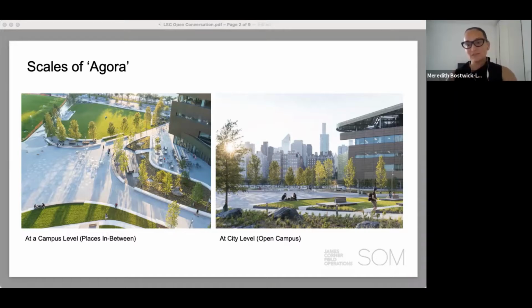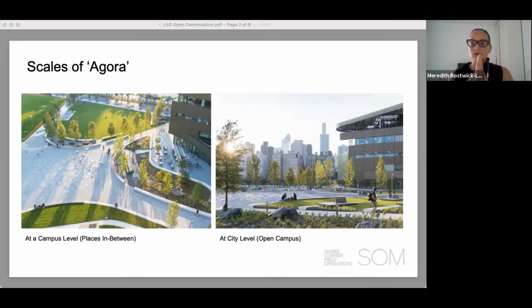So, Felix, to your point, just to talk through these scales, which is very interesting. Also the scales looking to the context in which we're speaking about Agora. In this particular example, our work with James Corner Field Operations, as well as Cornell Tech, Cornell Tech embraced the notion of an open campus, a campus with no gates, no walls, no classical definition of 'this is the campus, you have arrived to a campus.'